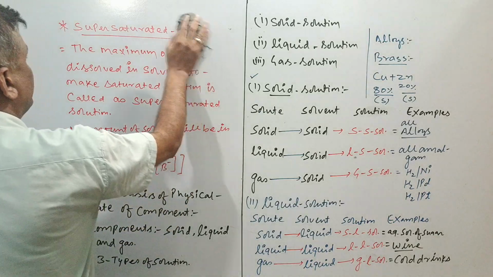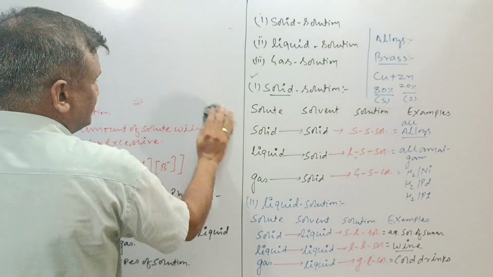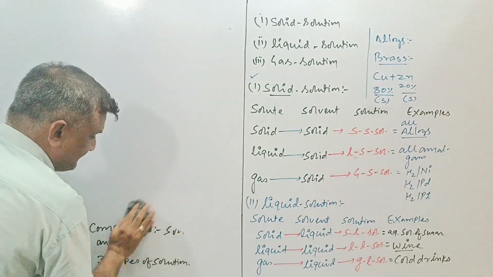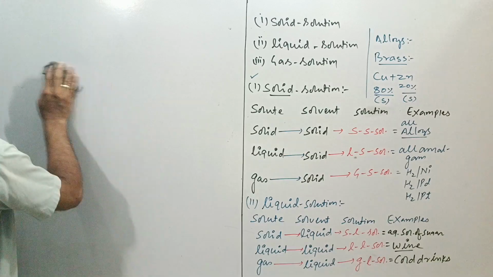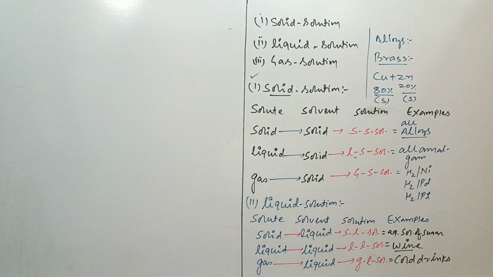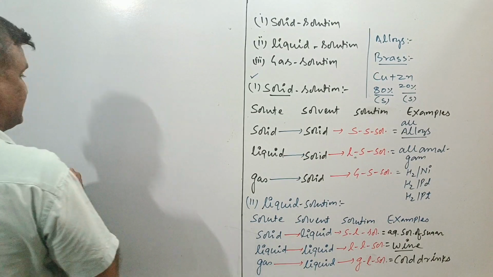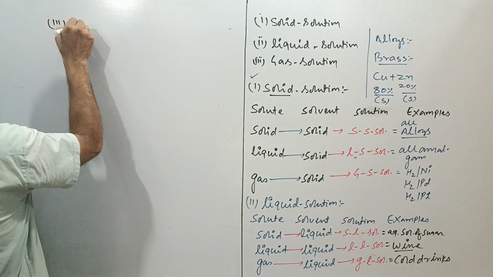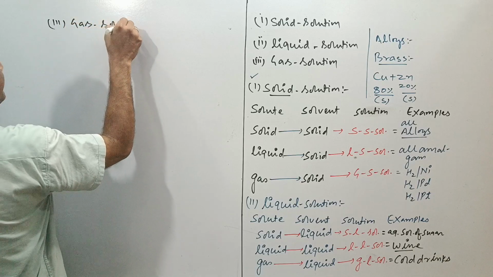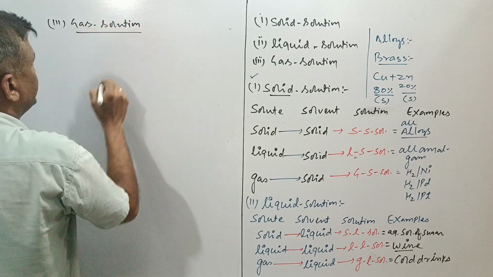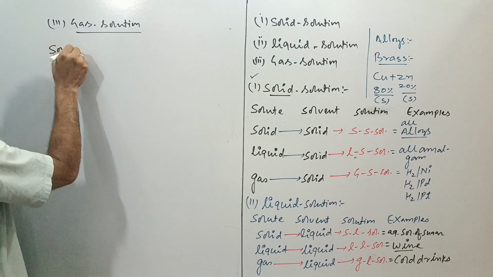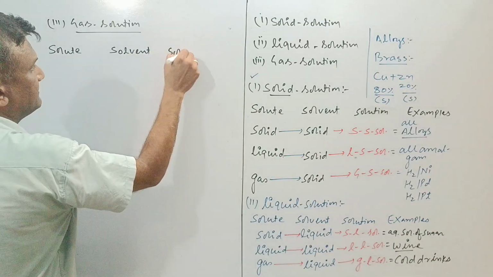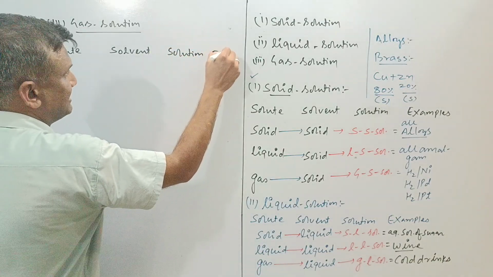Now it is time to discuss the next, third type, the gas solution. For this, here is the solute, here is the solvent, here is the solution and here are the examples.